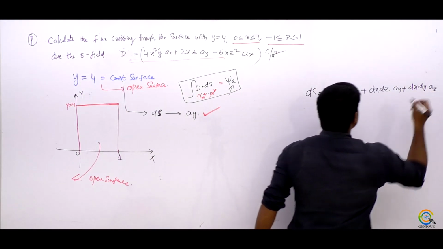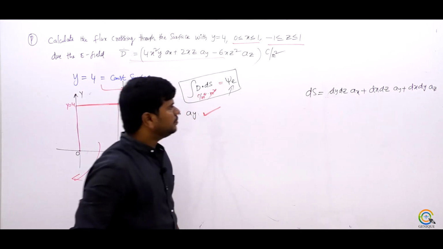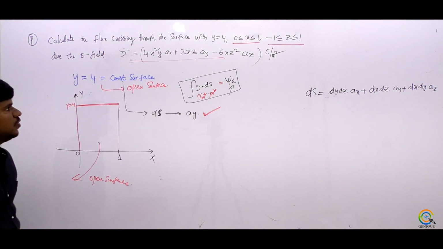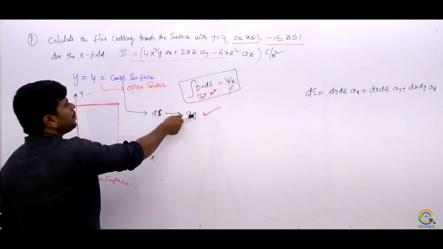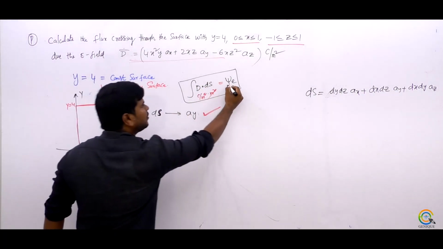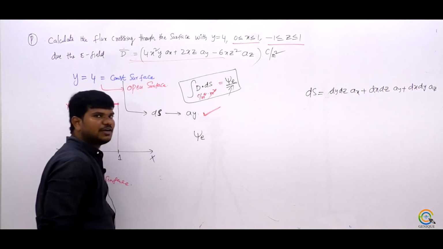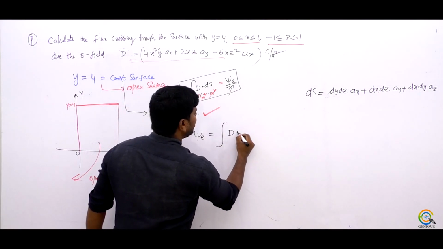So this is the actual surface area of the Cartesian coordinate system. Now, because it is an open surface, to find the net flux crossing, psi e, it is equal to the open surface integral of D dot dS.